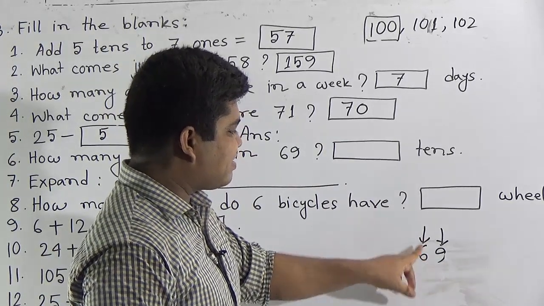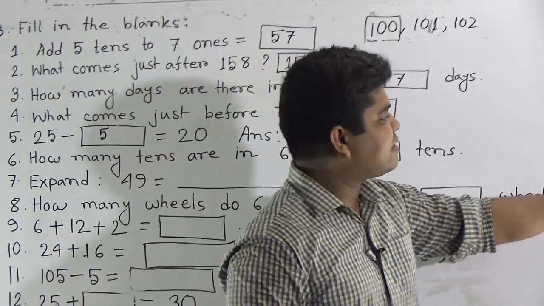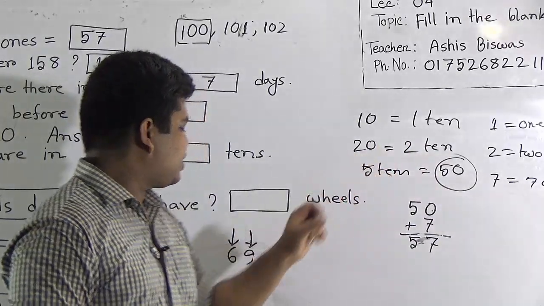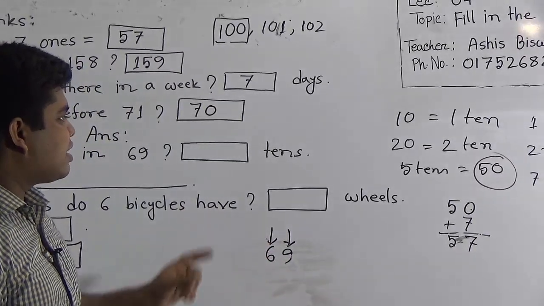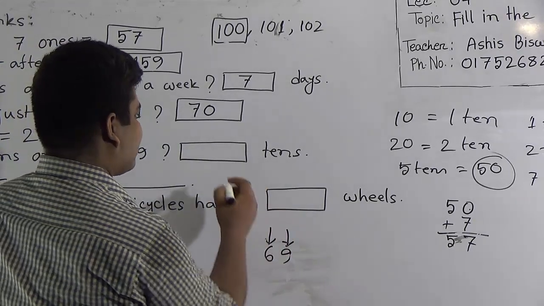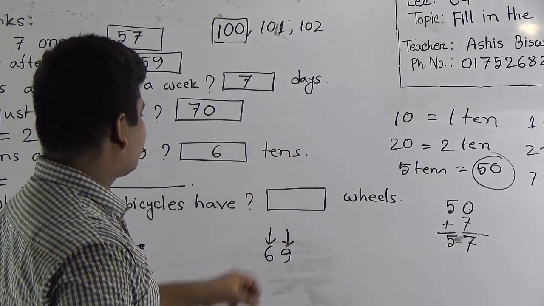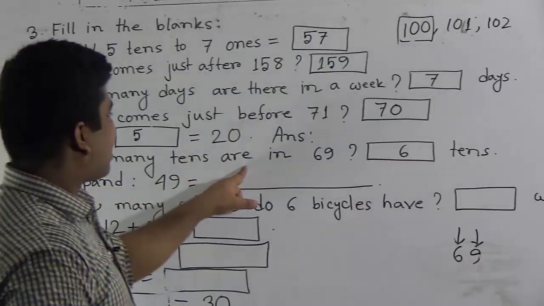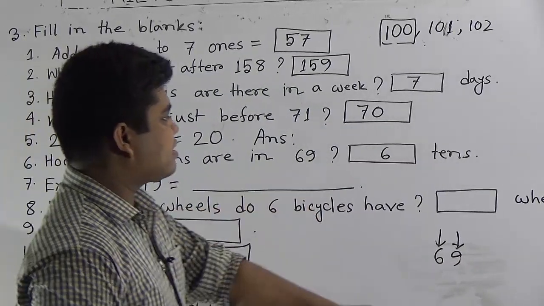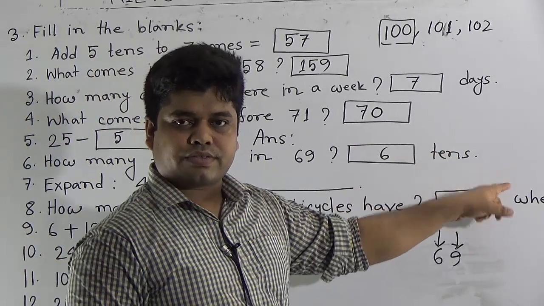So tens means 6 tens. Here 5 tens means 50, 2 tens means 20. So 6 tens means 60. So how many tens are there in 69? The answer will be 6 tens.